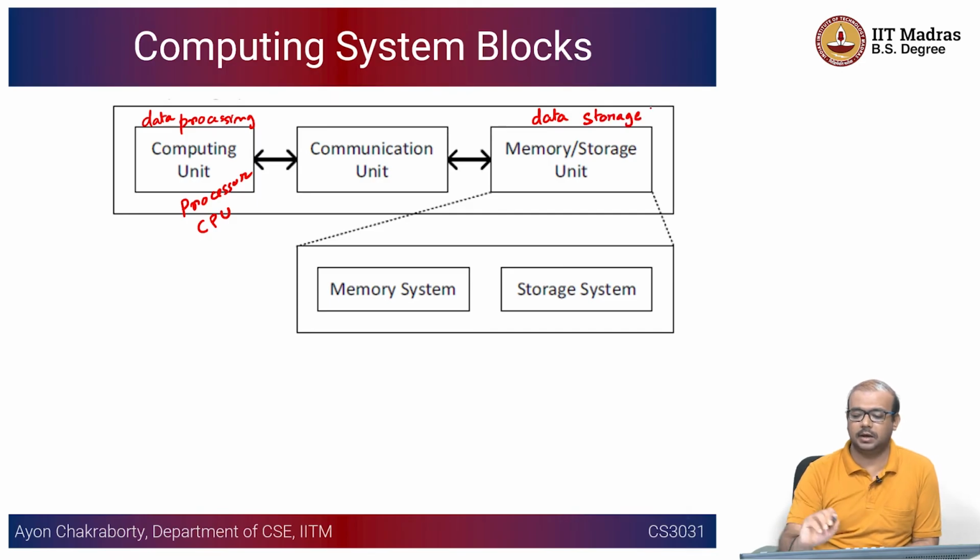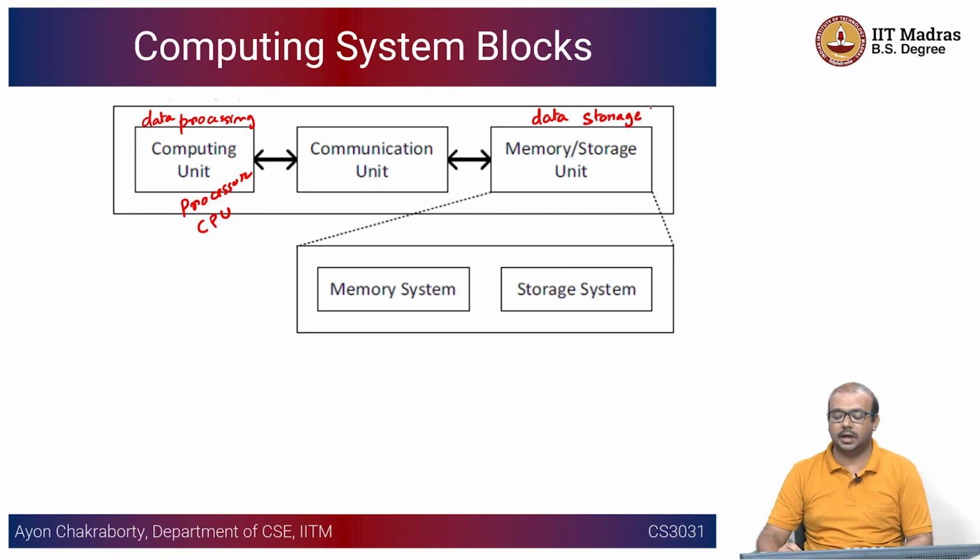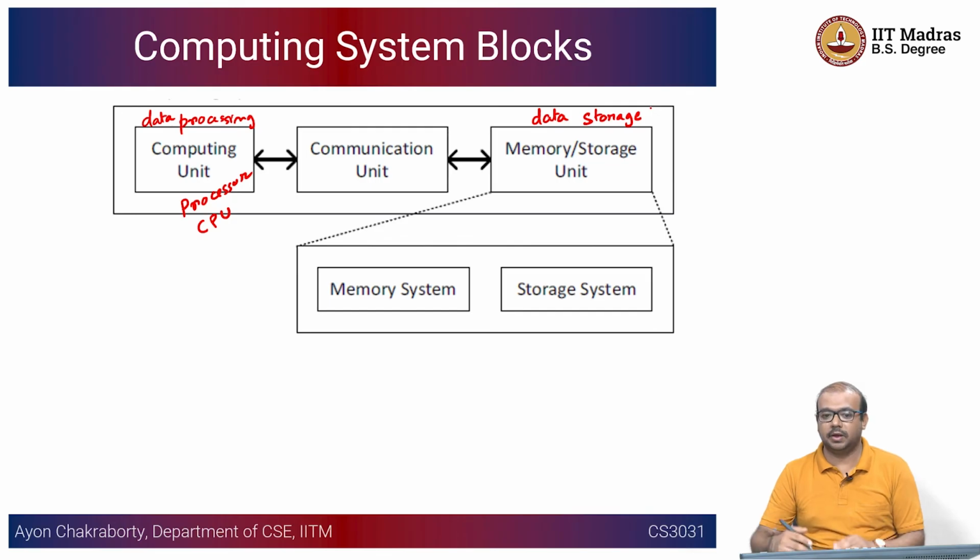There are variations in terminology. Some are permanent storage, some are temporary storage. Permanent storage is where you typically store data for a longer period of time. Often it doesn't need power to maintain the stored data. Whereas within the memory subsystem, there are temporary storage places that the CPU directly interacts with.